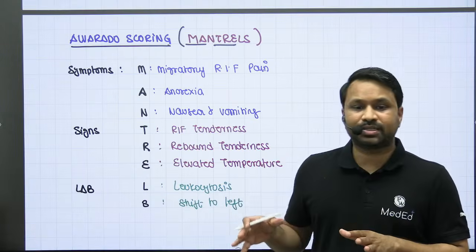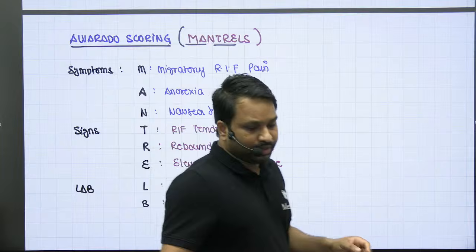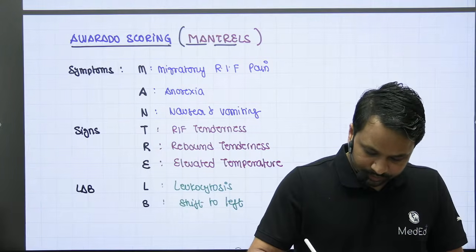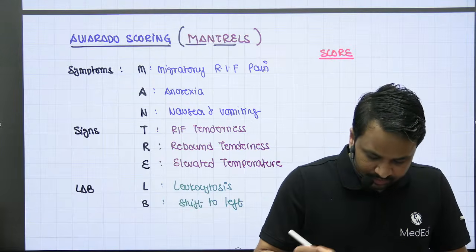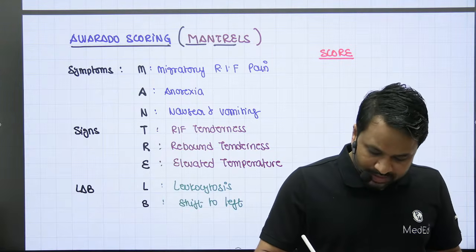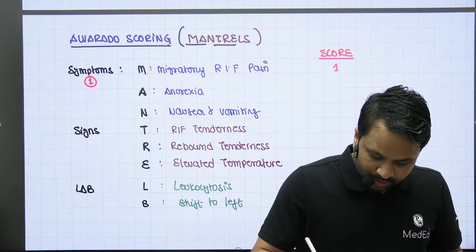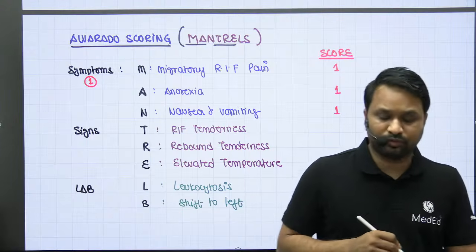Now all the components are given a proper score. So let's talk about what score they are going to get. For all symptoms, I'll give you an easy way to remember: symptoms are going to be 1. So migratory pain, anorexia, nausea will have a score of 1, 1, 1.